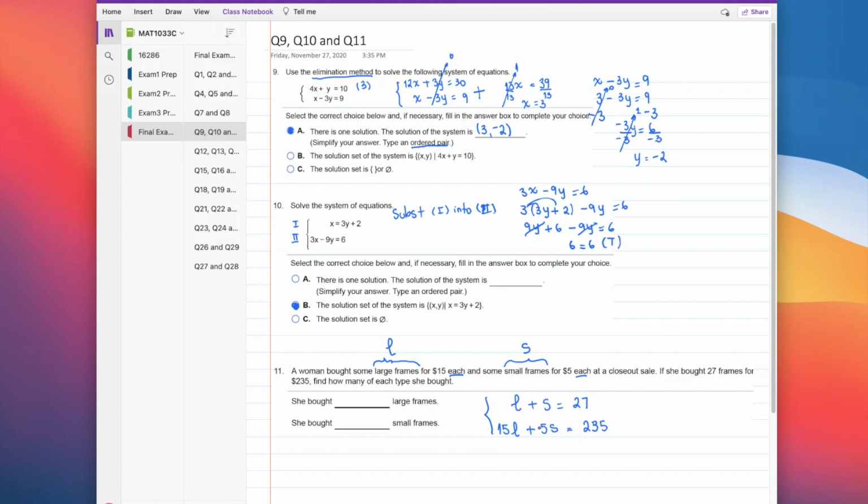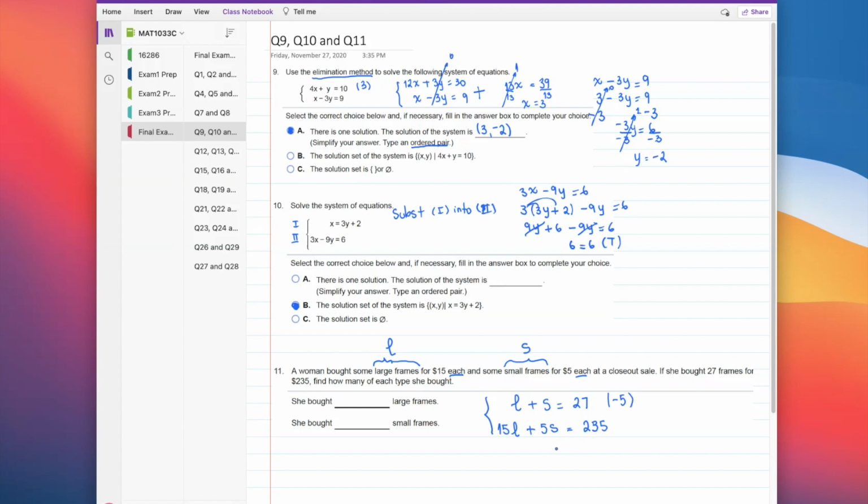So I can use here any of the two methods that we discussed, elimination or substitution. I'm going to do elimination, multiply this by -5, because I want to eliminate this S here. You pay attention that you can have a different opinion or position than I have.